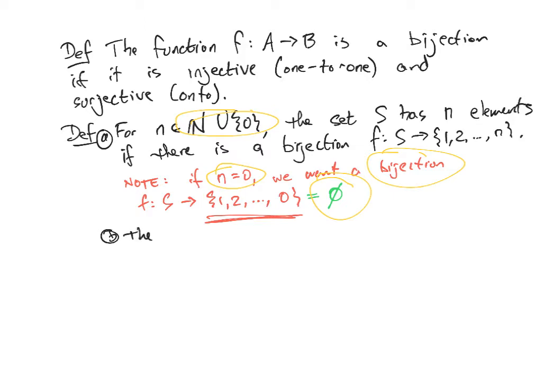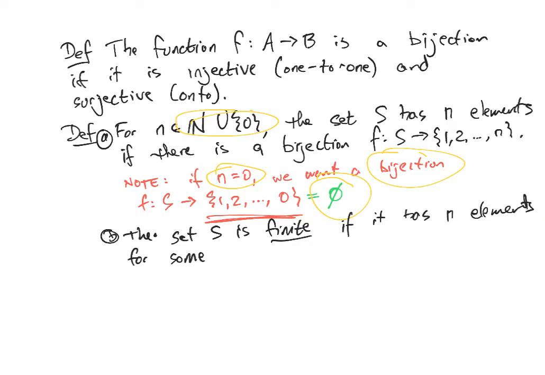B. Okay. The set S is finite if it has n elements for some value of n. Okay, so the first definition defined what it means to have n elements. The second one is what it means to be finite.